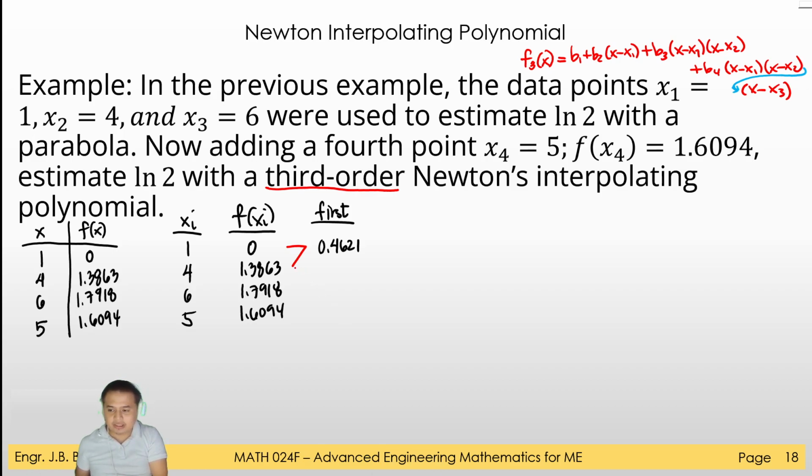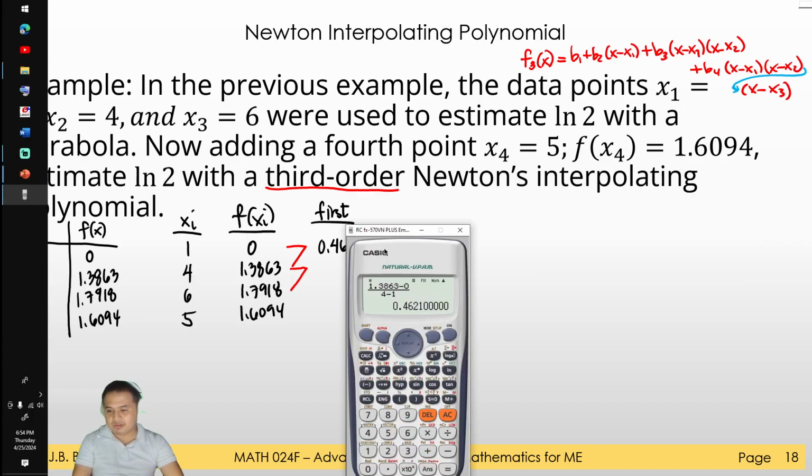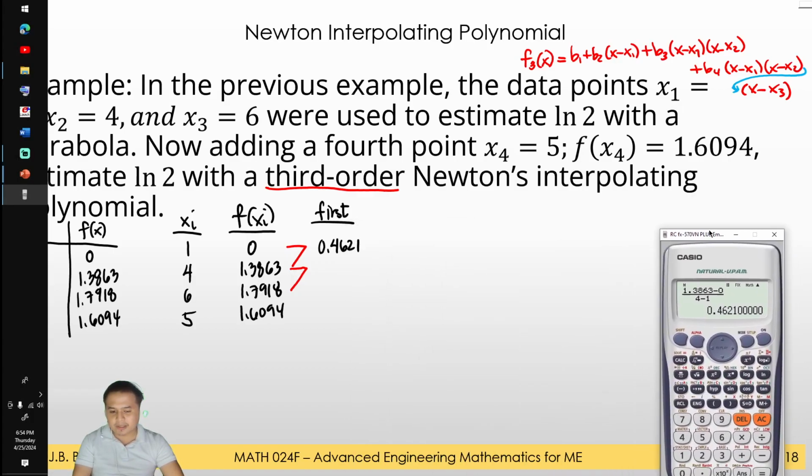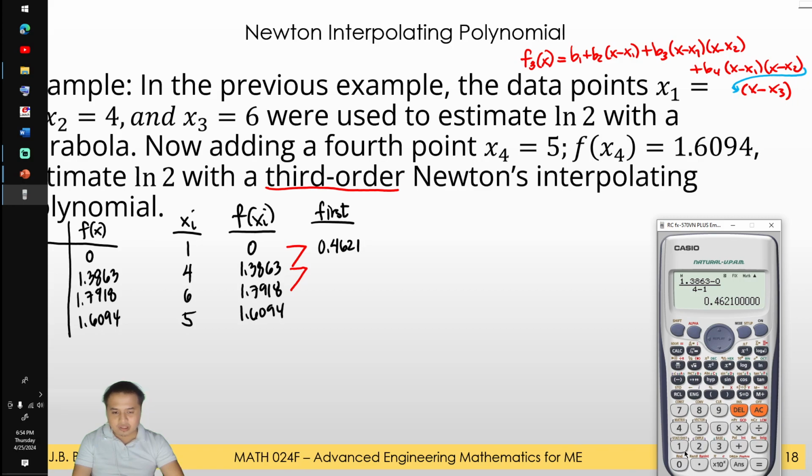We will do this again, but we will start here with 1.7918. So we have two data points, and we will do the finite difference or the linear interpolation again. So we have 1.7918 minus 1.3863, and then you have 6 and 4.